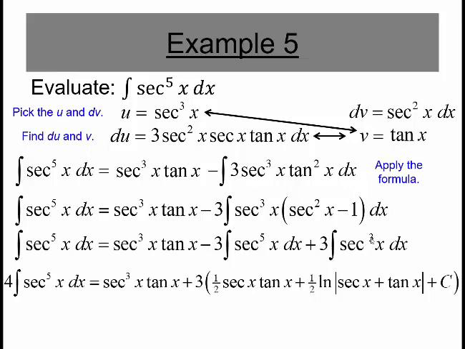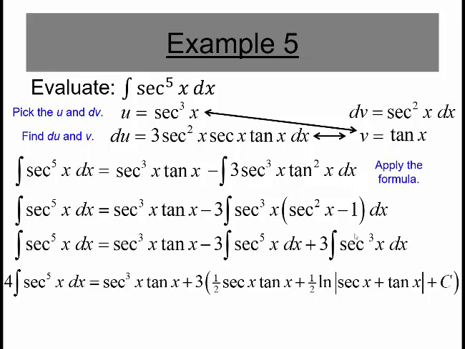And for the integral of secant cubed x dx, I'm going to skip ahead in the slides, but the way you would solve this is you would write it as secant x times secant squared x. Then you'd substitute in for secant squared x, 1 plus tangent squared x, and then the integral becomes this.